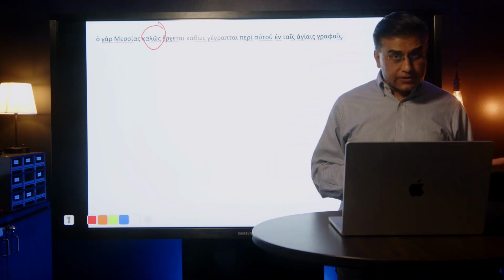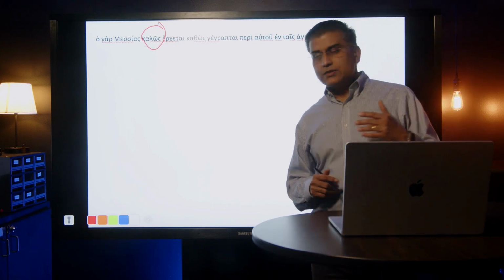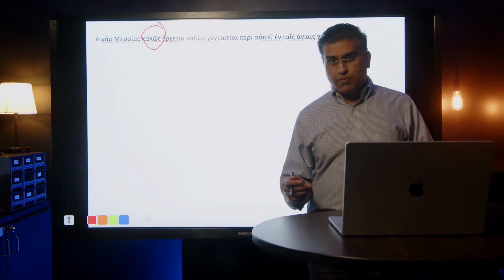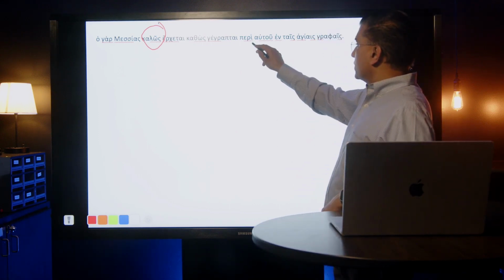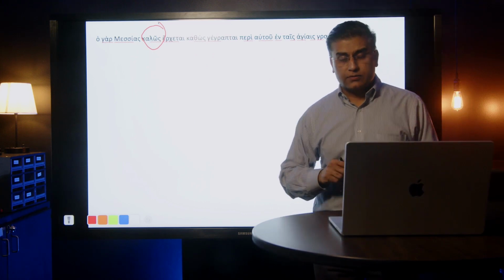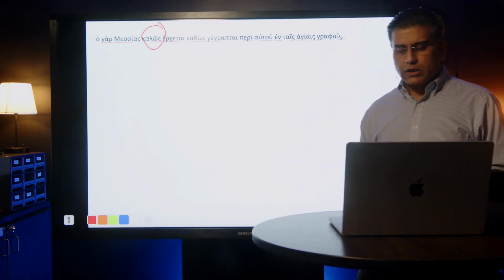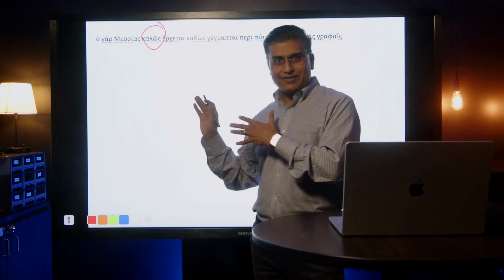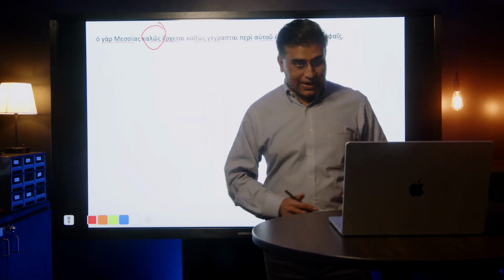Kathos is just as it has been written about, peri, concerning him in the Holy Scriptures. The rest of it is pretty simple, but this whole exercise is about kalos, the adverb.